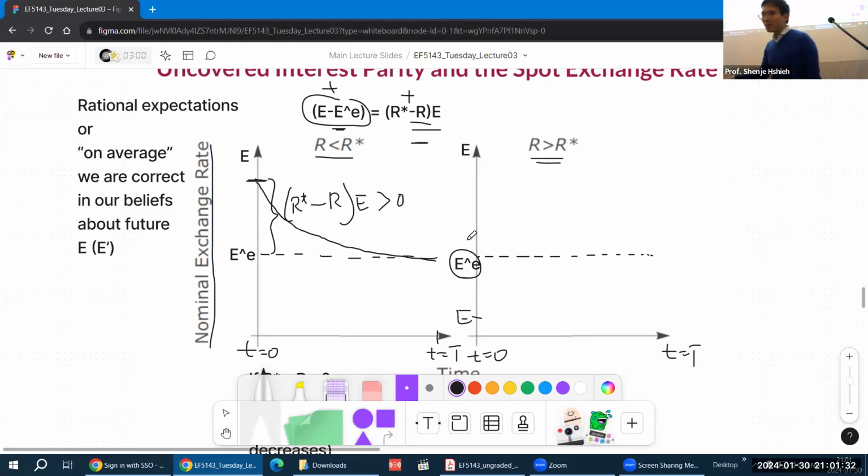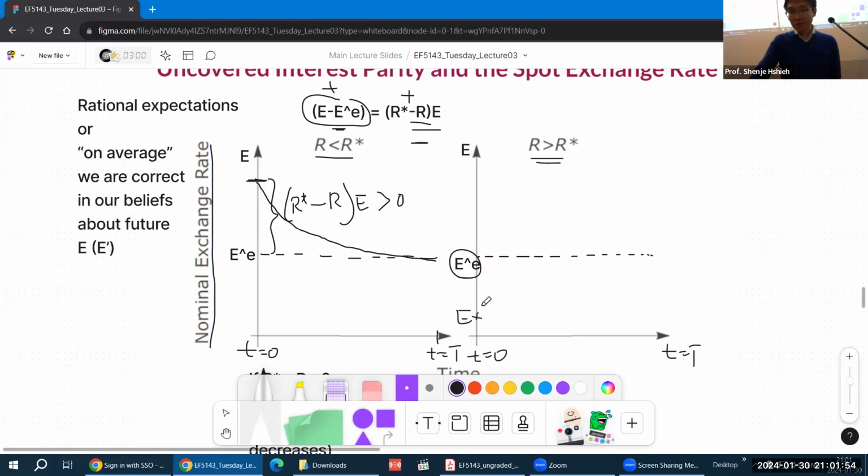So the opposite is true if the bank deposit returns at home exceed bank deposit returns abroad. If there is a favorable interest rate domestically, then you should expect your home currency to depreciate, which means E getting larger over time.